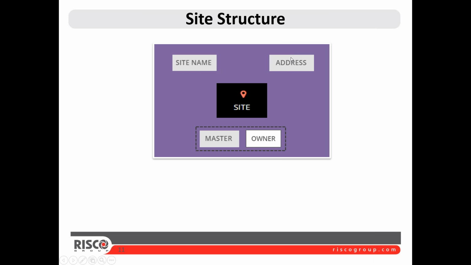The address does need to be accurate because it reflects the location of the site. You'll understand that when you see some of the other features, it will be important for you to be able to track the address specifically. Also, the master owner entity in the site is currently locked to the master being the owner.